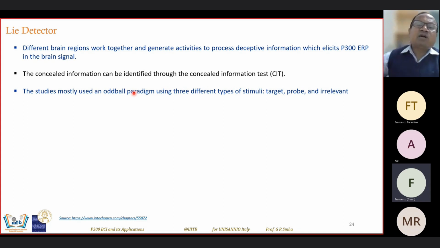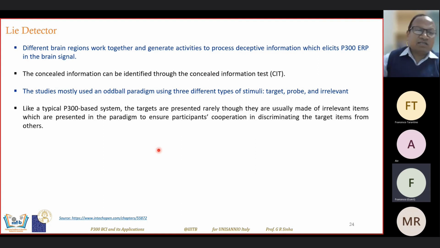The person's response will be very, very different. So there are three types of stimuli: target, probe, and irrelevant. Whether the stimulus was a target, a probe for investigation, or irrelevant, accordingly the analysis called the concealed information test, CIT, is performed in the lie detection process for criminal investigation.